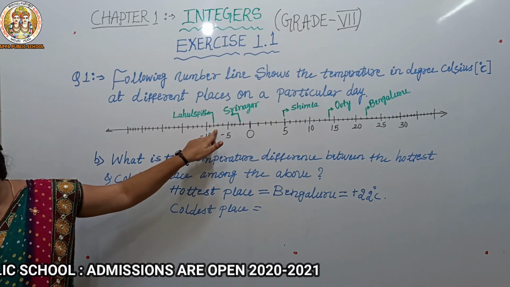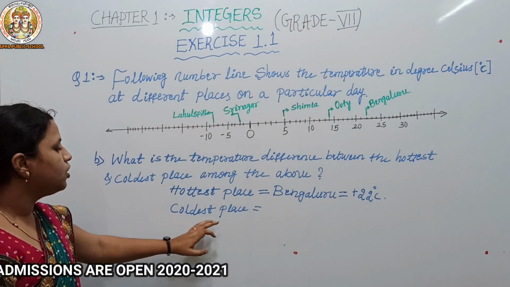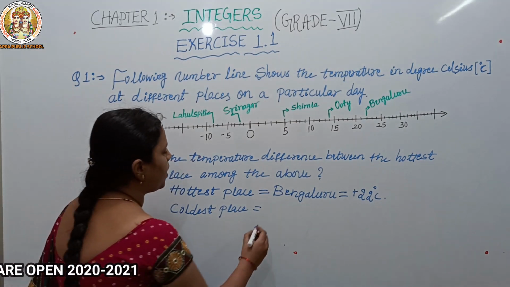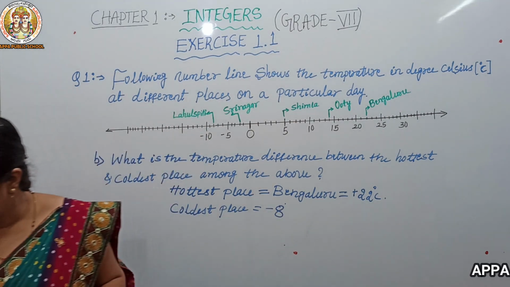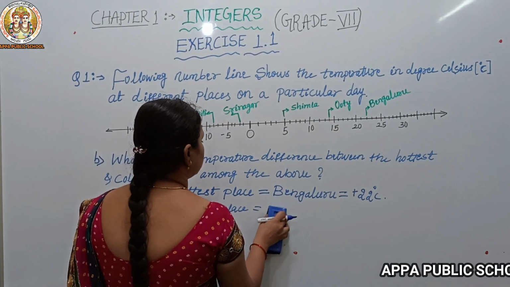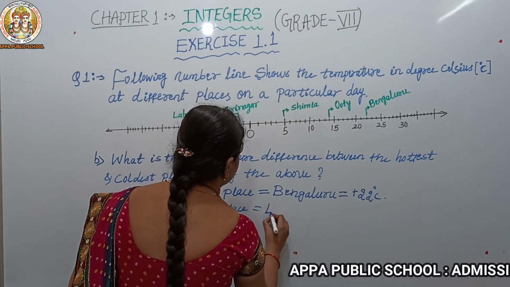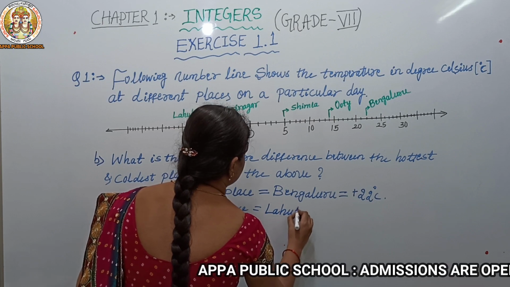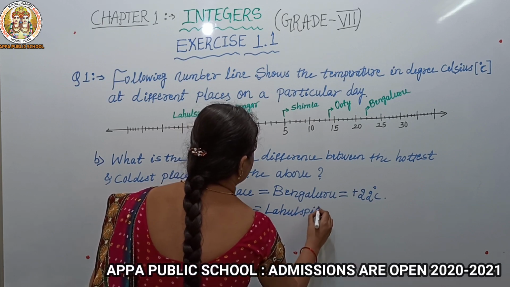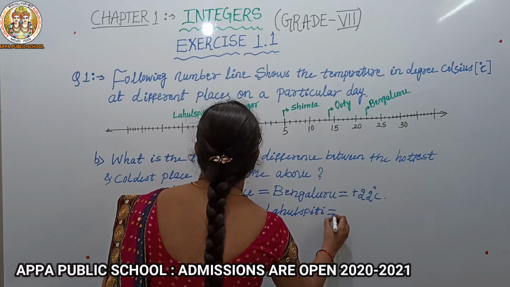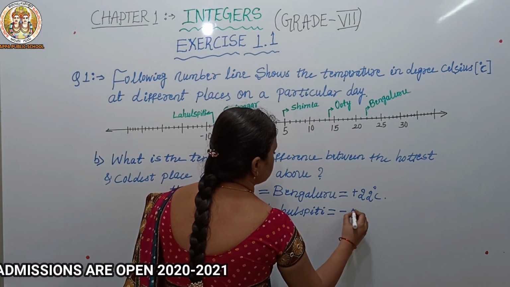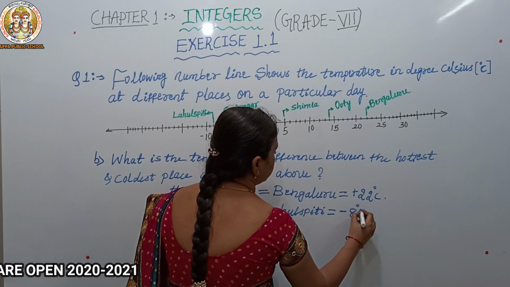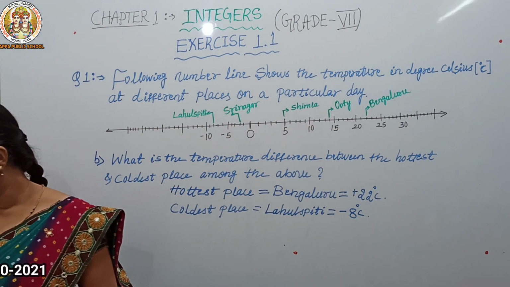So the coldest place is, sorry, first the place name, Lahaul Spiti. It is at a temperature of -8 degrees Celsius.